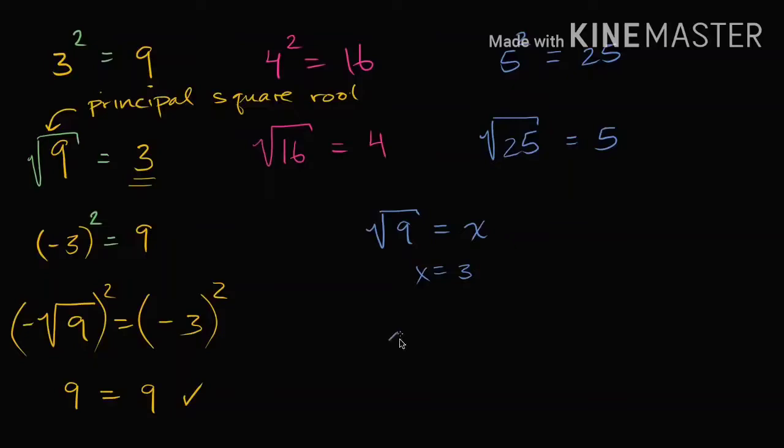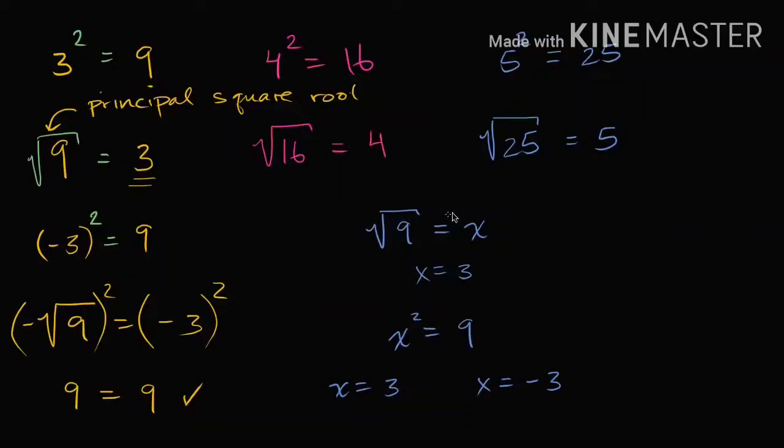Now, if I were to write x squared is equal to 9, this is slightly different. X equals 3 definitely satisfies this, but the other x that satisfies it could also be negative 3, because negative 3 squared is also equal to 9.